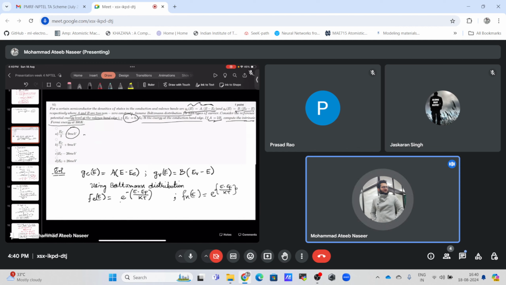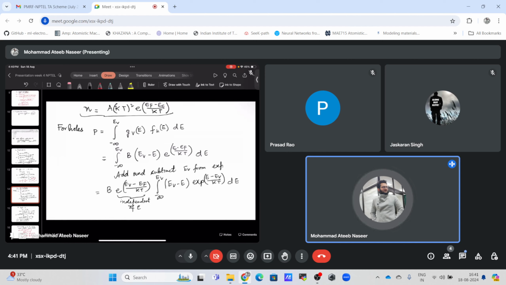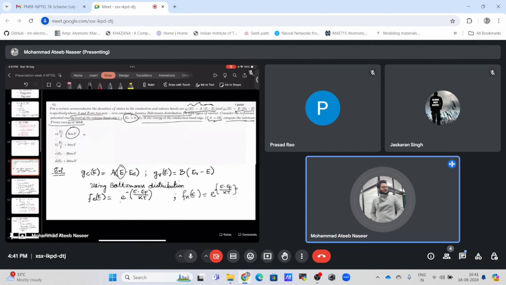The density of states in this case was linear, because it was a linear function of energy. So we found how the electron concentration looks for this case, and it came out to be equal to some constant A times kT squared times exponential of (EF minus EC) by kT. So that was this problem.